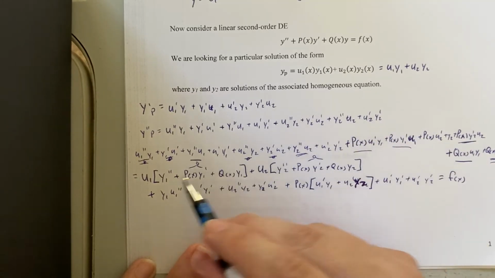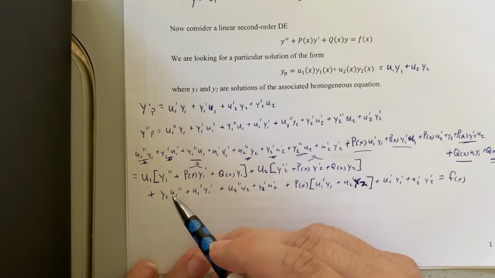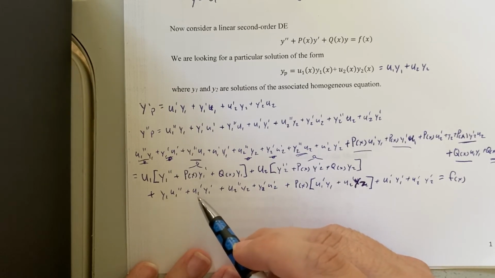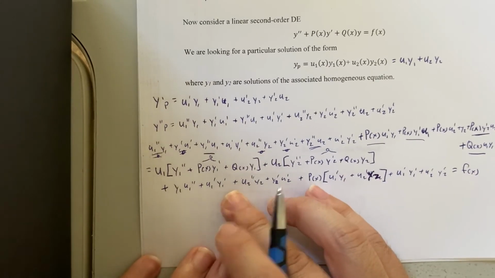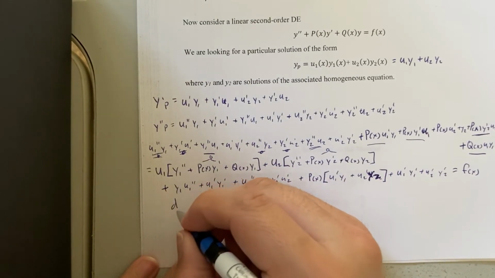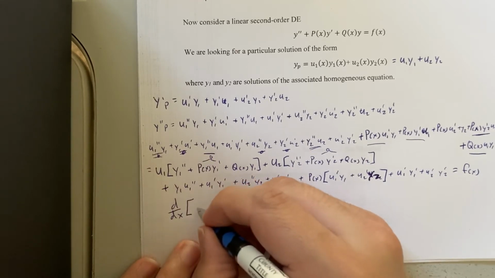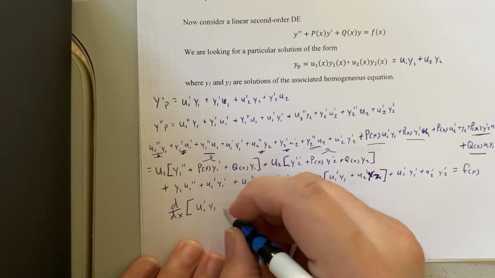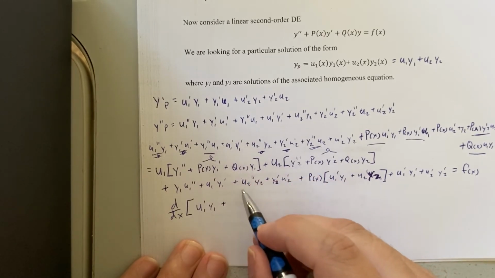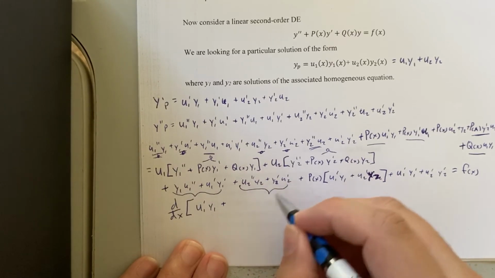Because these two equal 0, it's like this goes away. Now, if you can tell here, y sub 1 u sub 1 double prime plus u sub 1 prime y sub 1 prime, that is just what I get if I took the derivative using a product rule of u sub 1 prime y sub 1, and then the same thing happens here. These are just a product rule.